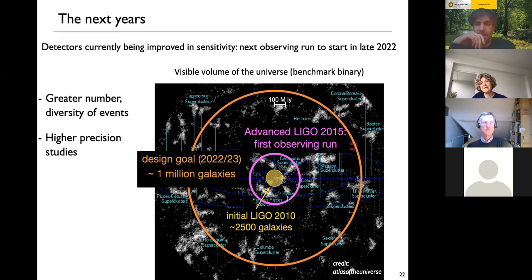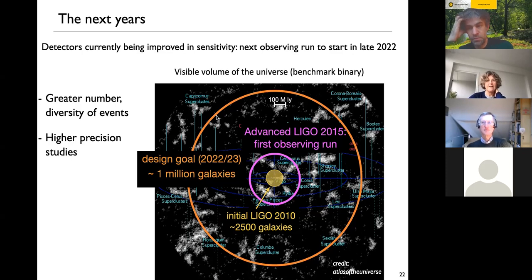And then later this year, with the next observing run, they're aiming to be at the orange line. So we really expect a greater number and much greater diversity of events, and also to do higher precision studies on the louder events. So that's very exciting already for later this year, hopefully, or otherwise next year.